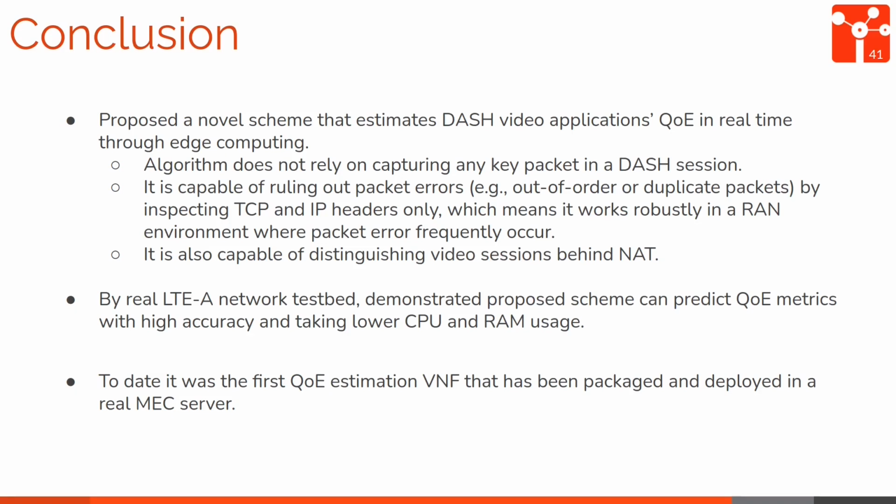It is also capable of distinguishing video sessions behind network address translation. With a real LTE network testbed, they demonstrated that the proposed scheme can predict QoE metrics with high accuracy while taking low CPU and RAM usage. And till now, it is the first QoE estimation as a virtual network function that has been packaged and deployed in a real MEC server.